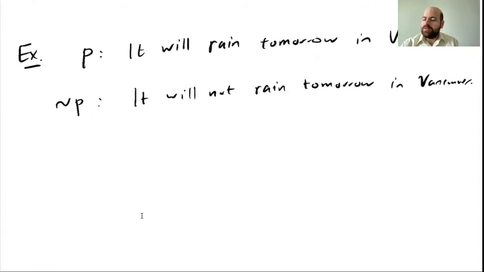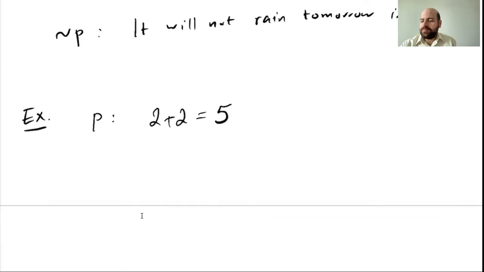Another example, let's say P is 2 plus 2 equals 5, which is a false statement. Negation P will be, like we said, negation means it's not the case that P holds. So I should say it's not the case that 2 plus 2 is 5.